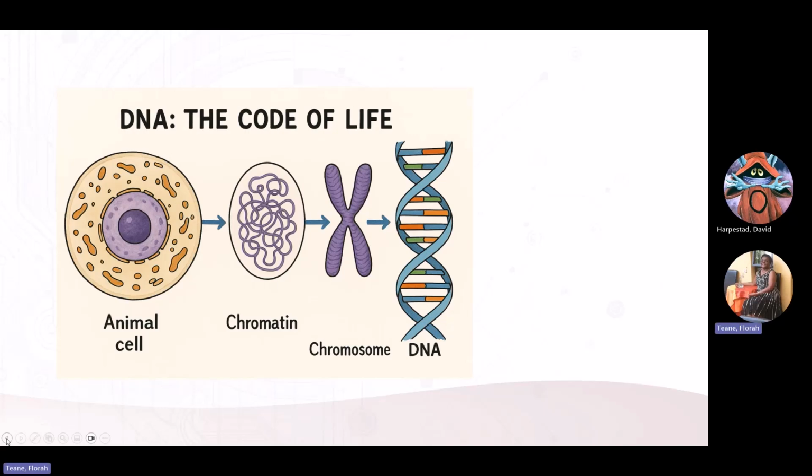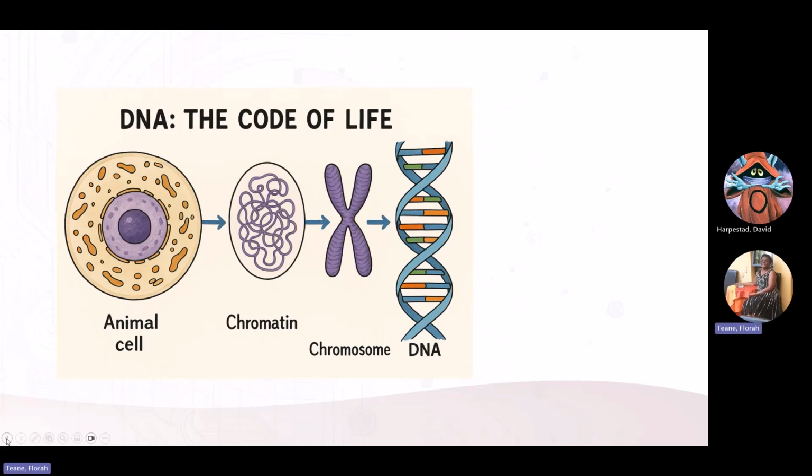Now for this topic, let's look at the animal cell. We know that one of the parts of an animal cell is the nucleus, which is the part that carries the hereditary characteristics of a cell.